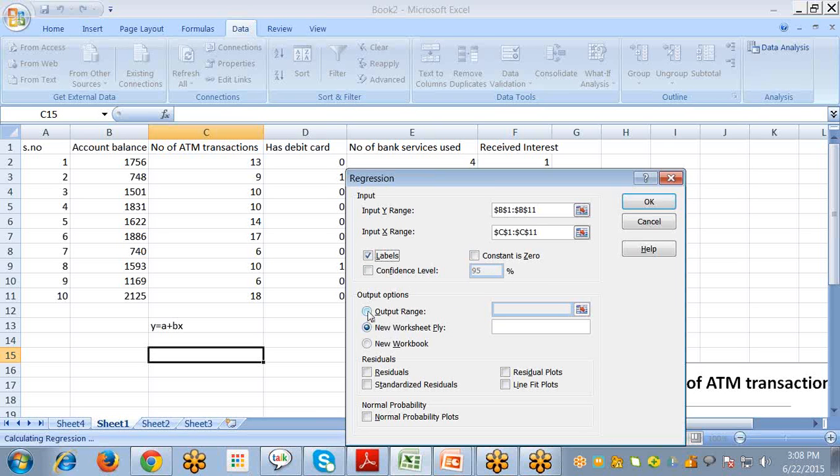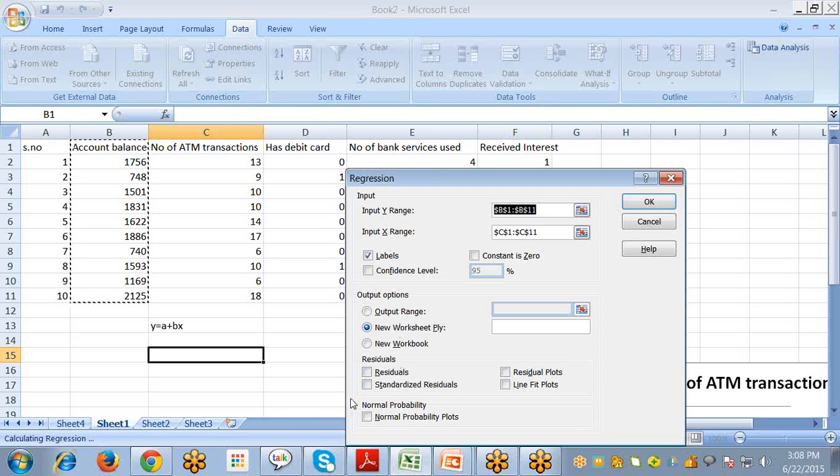The output options denote that if I select Output Range, we are selecting a cell from where we want our output in this sheet. New Worksheet means I want my output in another sheet, and New Workbook means I want my output in another workbook.